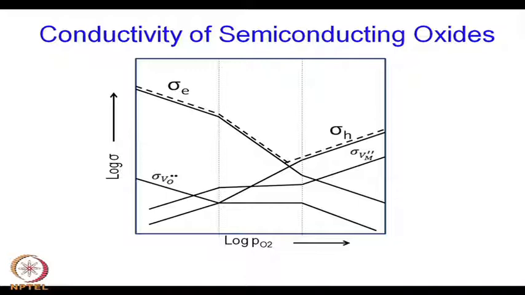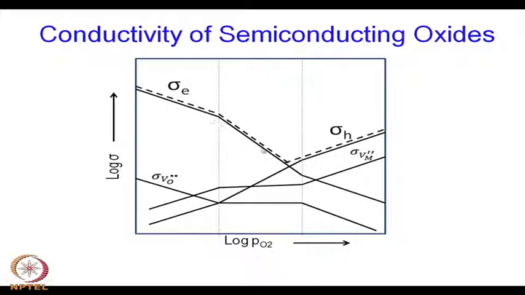So, here the highest level or the higher concentration is of the n type, and on this side is p type. And the dotted line is actually the final conductivity. So, the whole material throughout the PO2 range will act as a semiconductor, because the highest concentration is either of the electrons or the holes.